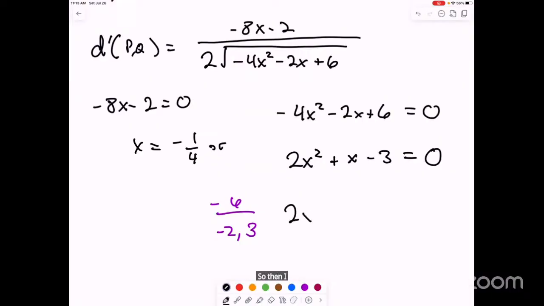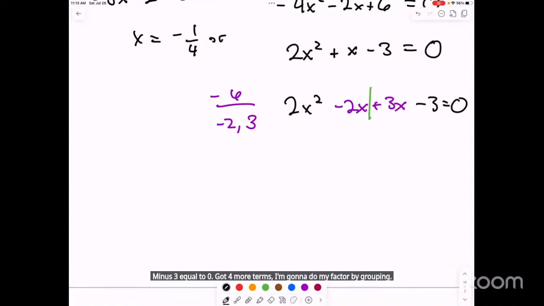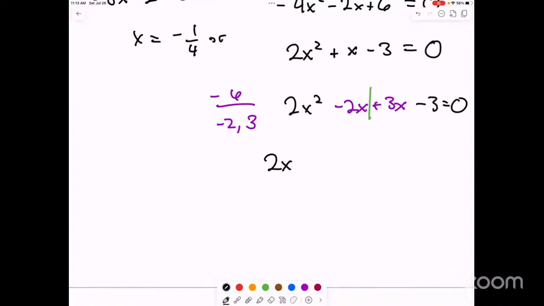So then I got this 2x squared. I'm going to rewrite that 1x as minus 2x plus 3x minus 3 equal to 0. Got 4 terms, so I'm going to do my factor by grouping. We can factor out a 2x, and we're left with x minus 1.